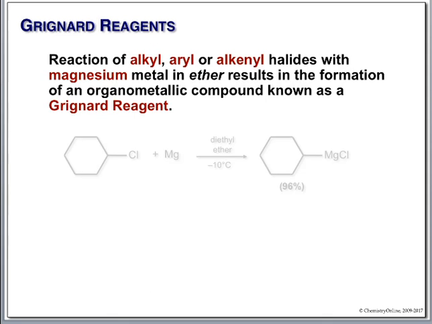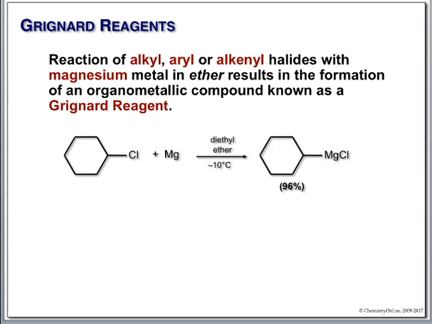Let's go on to Grignard reagents. Grignard reagents, kind of interesting. If you take a simple alkyl halide, dissolve it in diethyl ether. Again, ether, this problematic solvent, but we're going to dissolve it in there. And then we're going to add magnesium metal.